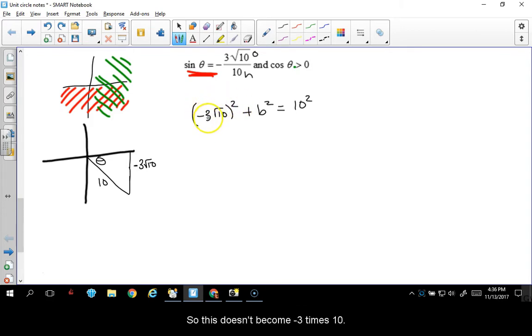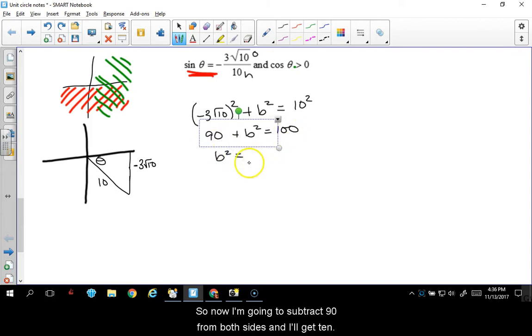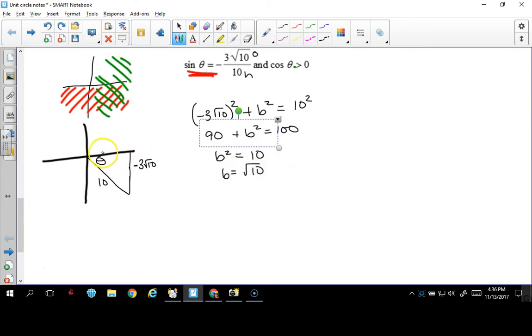So this doesn't become negative 3 times 10. I square the negative 3, and I square the square root 10. So that's 9 times 10, which is 90, plus b squared equals 100. Now I subtract 90 from both sides, and I'll get 10. So that means b equals the square root of 10.